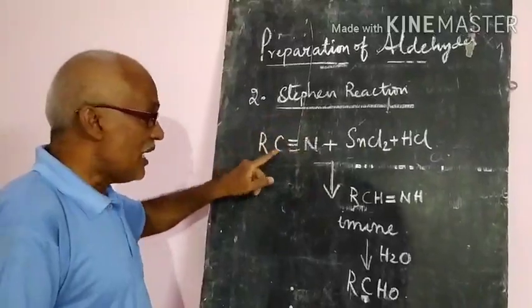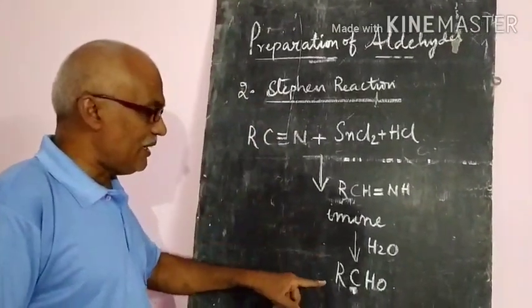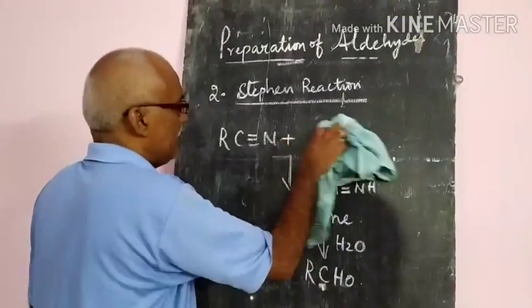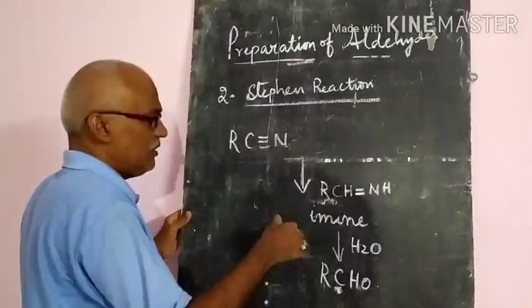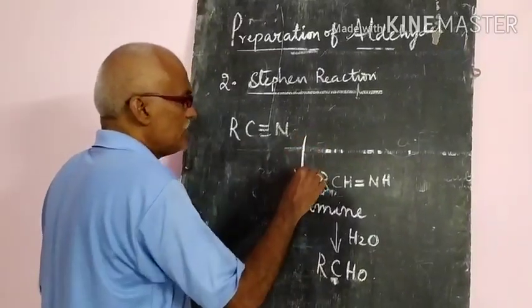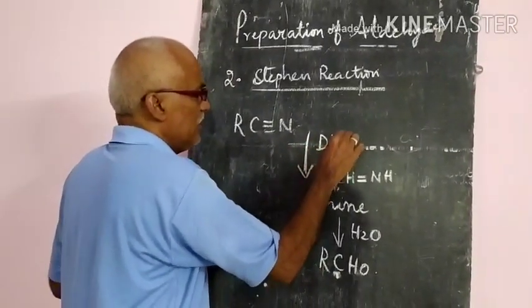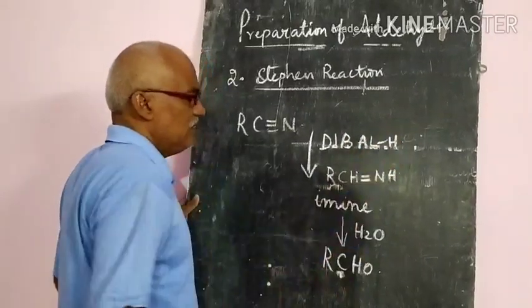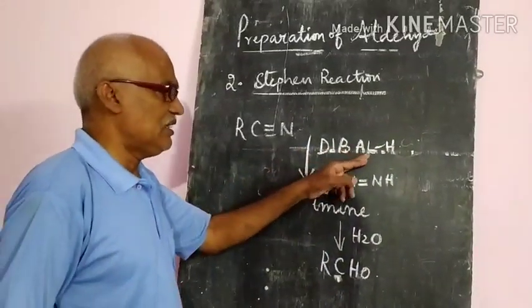But the same reaction can be carried out, instead of stannous chloride and hydrochloric acid, by using a strong reducing agent. That is nothing but DIBAL-H hydride. What is DIBAL-H?